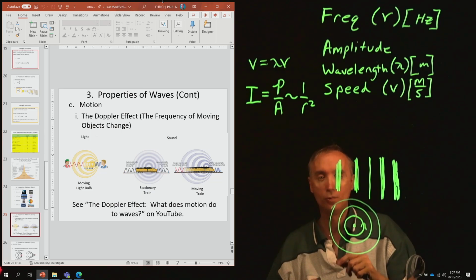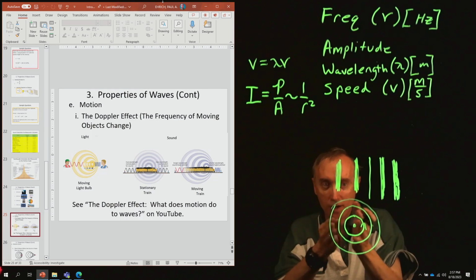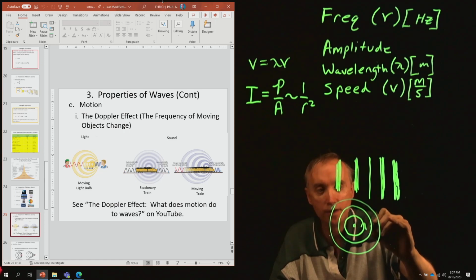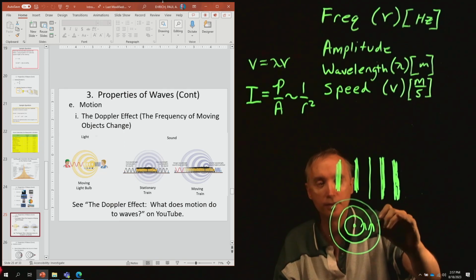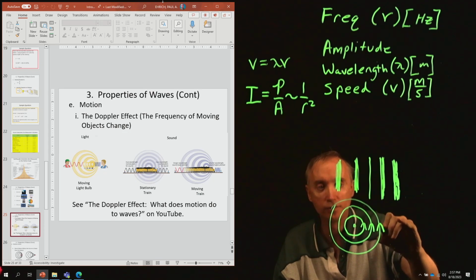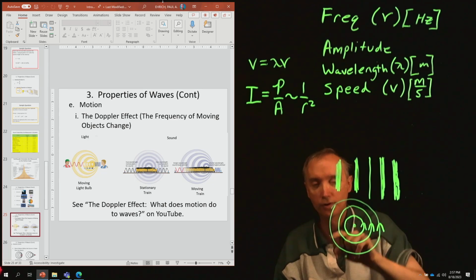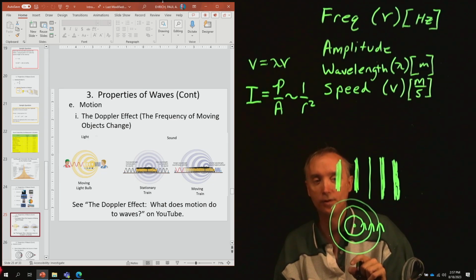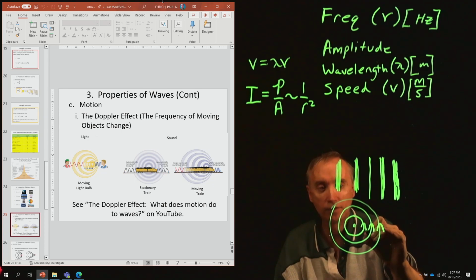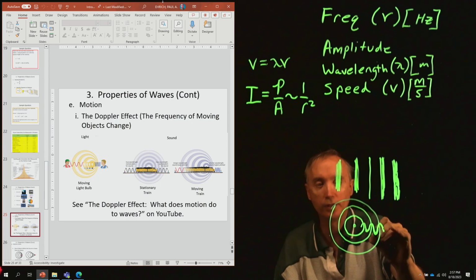So that would be where the sound waves are concentrated. And then this would be another crest over here, and then this would be another crest over here. What would it be in between the crests? It would be a trough. So you'd have a crest and then a trough in between. You'd have a crest where the line is at, and then you'd have a trough in between.